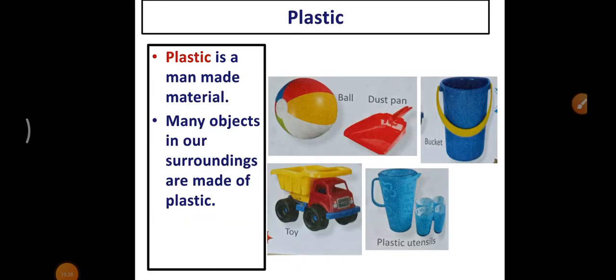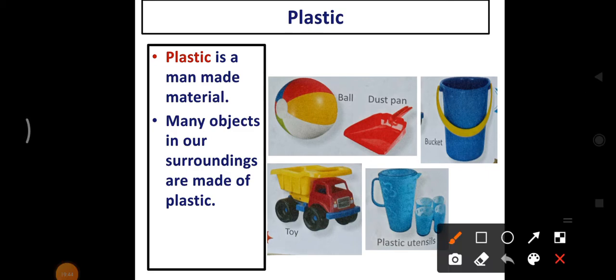The next material is plastic. Plastic is a man-made material. Wood, rubber and fabric are natural materials, but plastic is a man-made material.